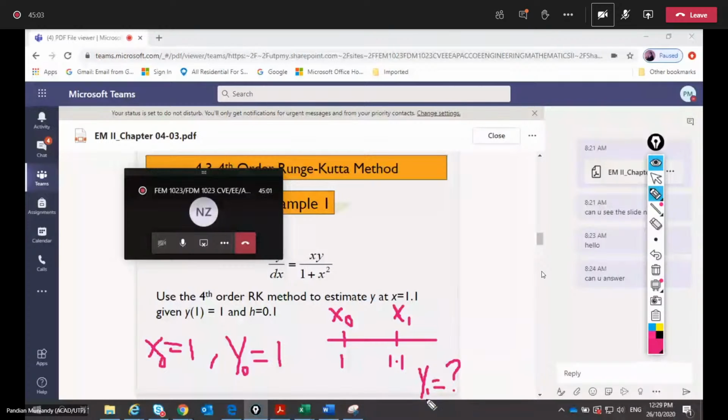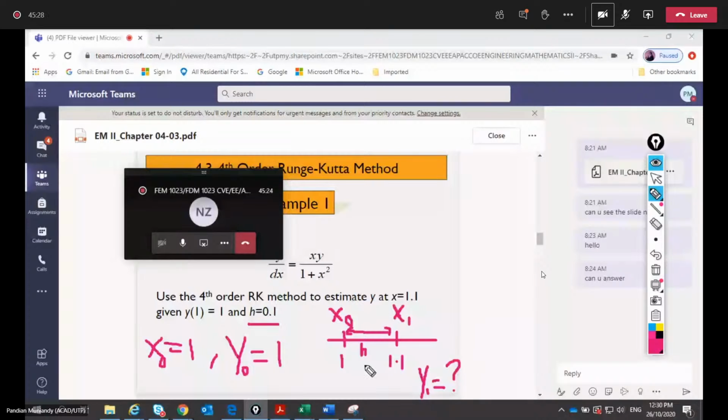You can draw this picture. h is this one. This is your h. How to calculate? 1.1 minus 1. This length is h. This is given already, but you can still find it from here also.